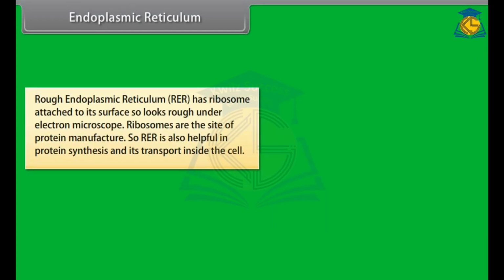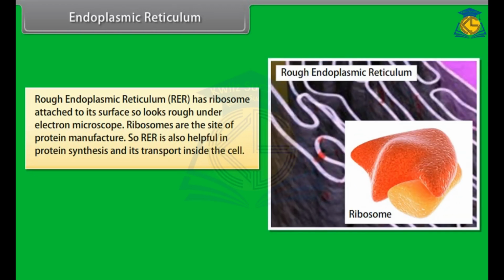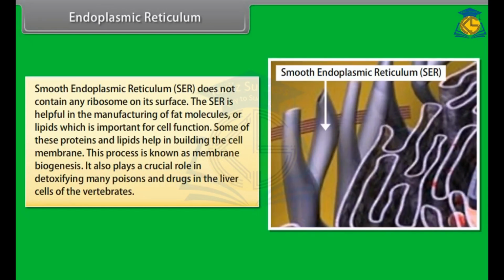Rough endoplasmic reticulum, RER, has ribosome attached to its surface, so looks rough under electron microscope. Ribosomes are the site of protein manufacture, so RER is also helpful in protein synthesis and its transport inside the cell. Smooth endoplasmic reticulum, SER, does not contain any ribosome on its surface.